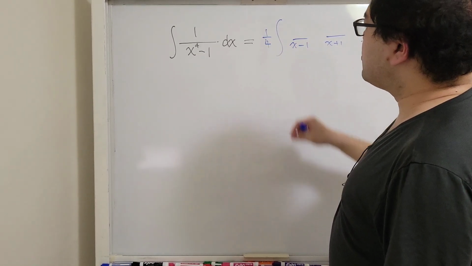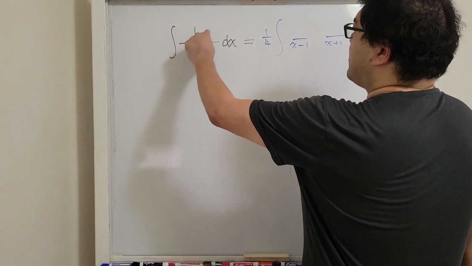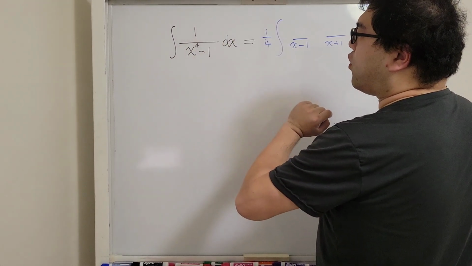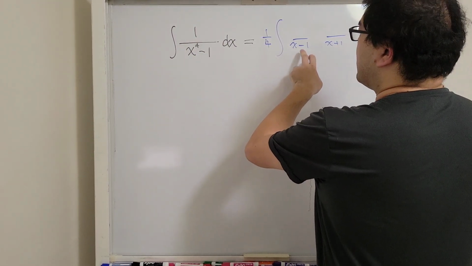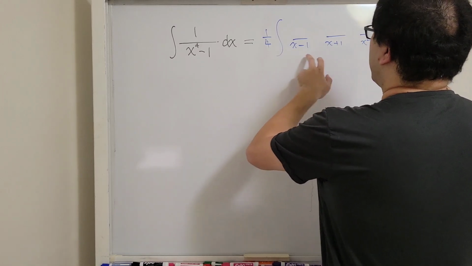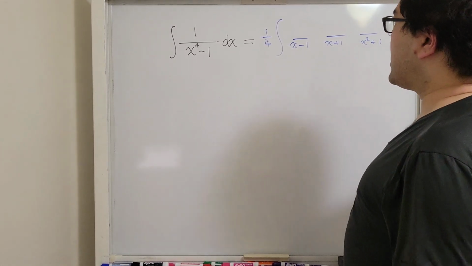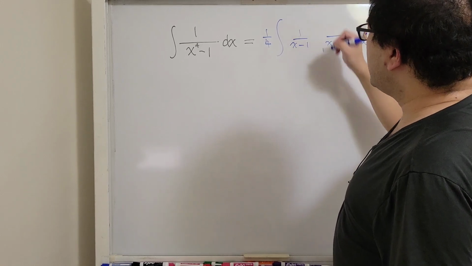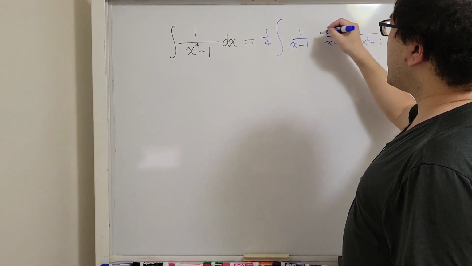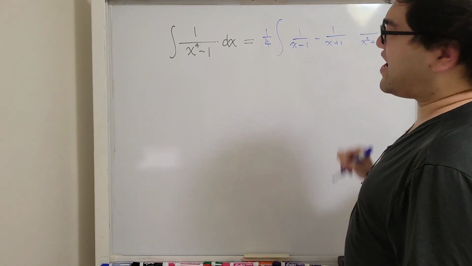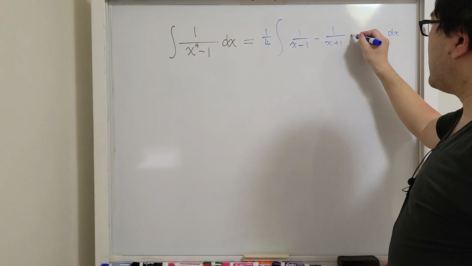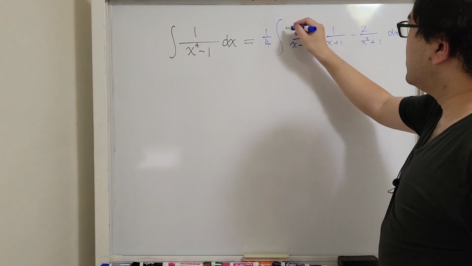And if we do it that way, it's the same as multiplying the numerator by 4. And in that situation, if we plug it into the other terms, for x minus 1, we get the coefficient to be 1. And then for x plus 1, we get the coefficient to be negative 1. And last, it will give us minus 2.